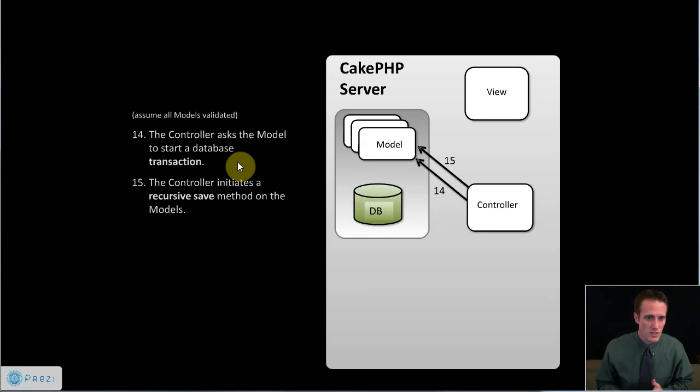So number 15, you initiate a recursive save method on the models. In other words, the actual recursive save method is on the models, but the controller has to say start. Okay, so I have a recursive save method that traverses associations.